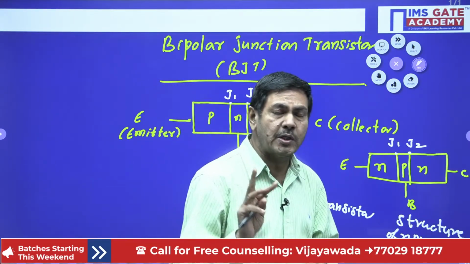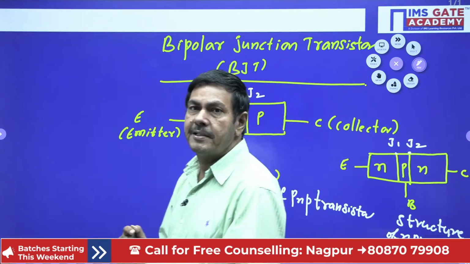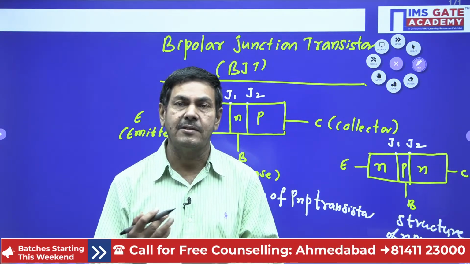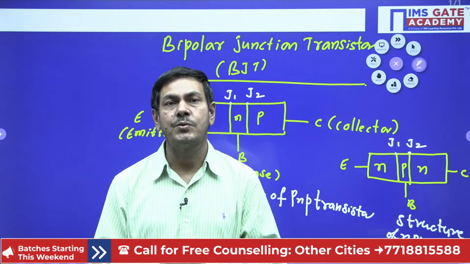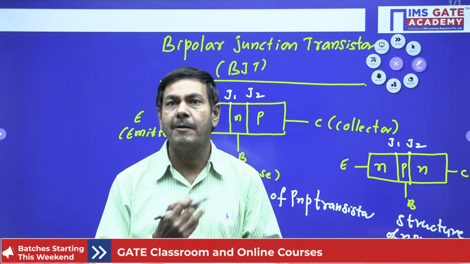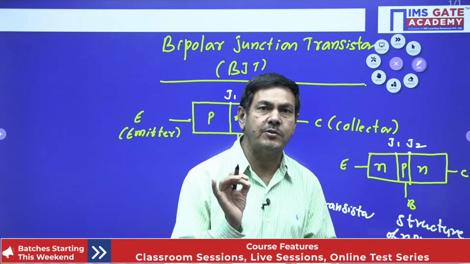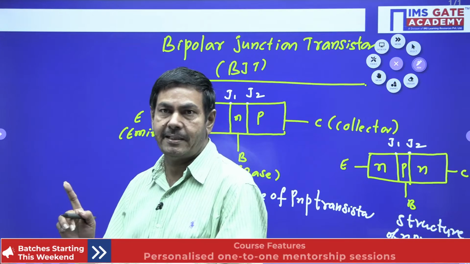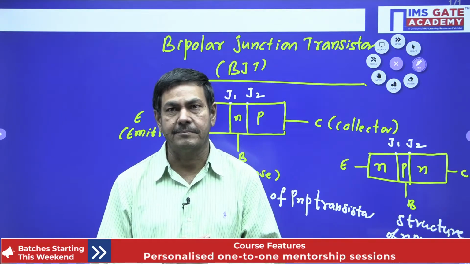Sir, there are 2 types of transistors you said. One is a PNP, second one is a NPN transistor. The students may ask a question like this now. Sir, when can I use a PNP transistor, when can I use an NPN transistor? That means based upon the applications. Based upon the application, what point do we need to consider? Based upon the collector current only we can say which type of transistor is required in practical application.